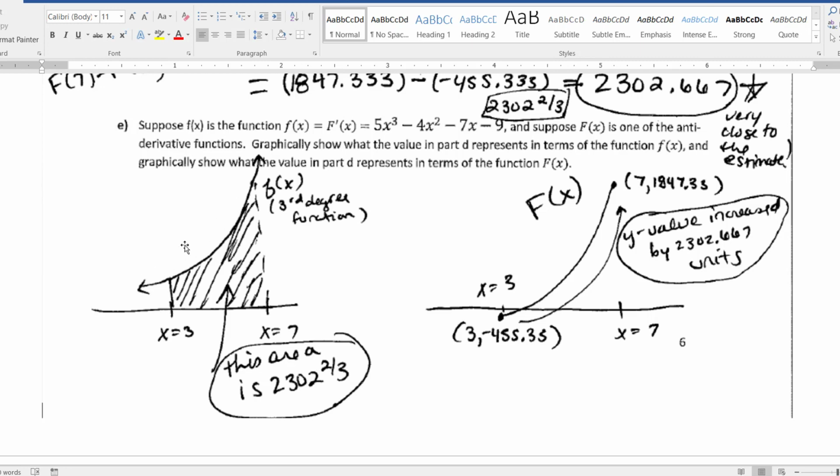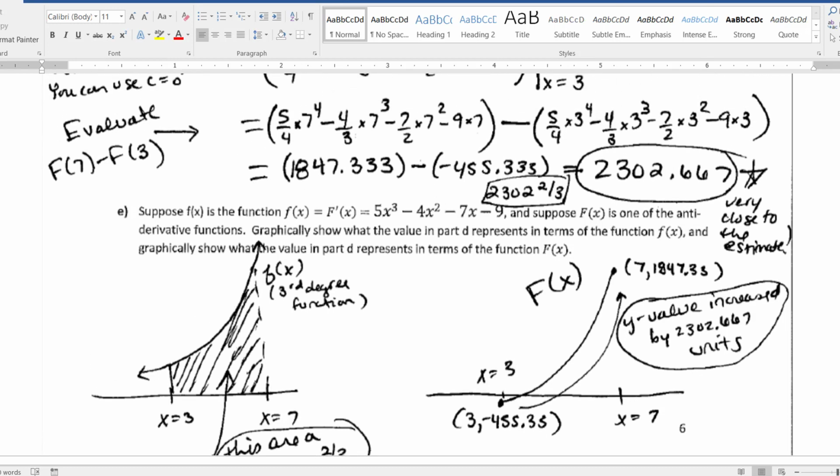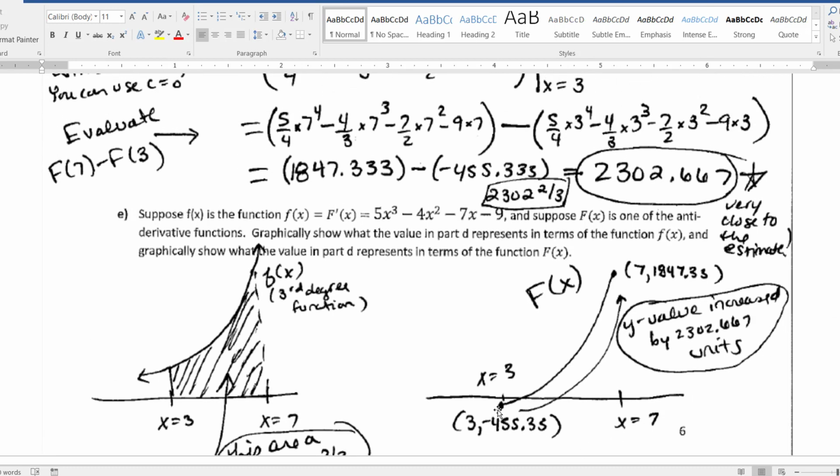When you're calculating that definite integral from 3 to 7, you're finding the area between the x-axis and that rate function. Turns out that area is 2302 and 2/3. And we found the antiderivative function, capital F of x. That capital F of x function increases between x equals 3 and x equals 7. It increases a total of 2302 and 2/3.